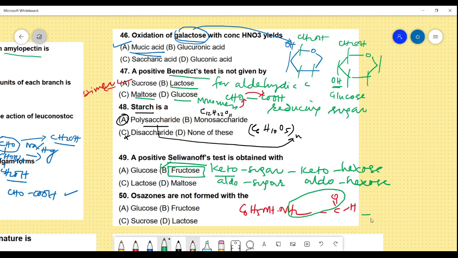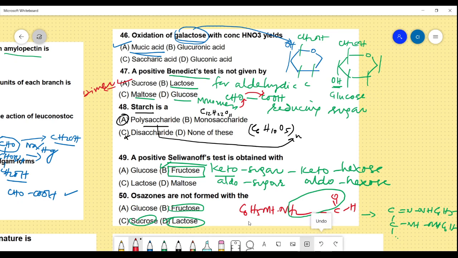Then you get C=N-NH-C6H5, and the next carbon atom also reacts. The process continues, and it is shown by fructose, by sucrose, and also by lactose. Therefore, the right answer is C.